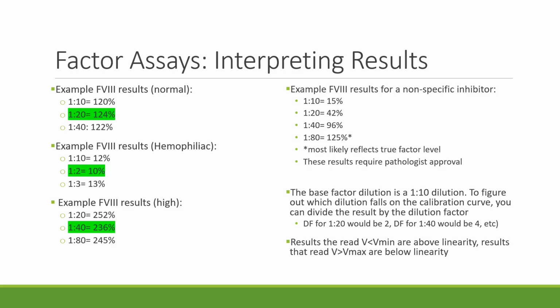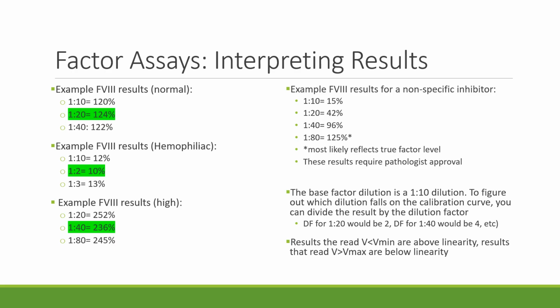Now, if we perform a dilution and our series of dilutions look like this. We have 1 to 10, which is our lowest dilution here, and we're getting 15% activity. 1 to 20, it's increasing. 1 to 40, it's increasing further, and so on and so forth. So we see all the way up to 1 to 80, we're starting to see an increased dilution, but also an increased activity.